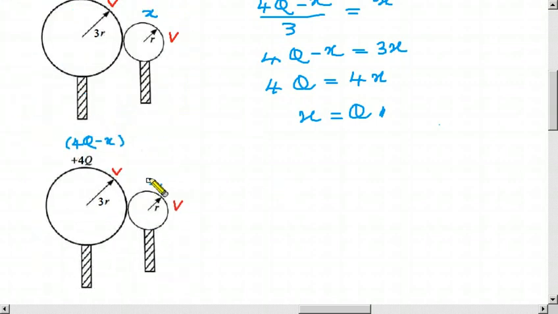So now we know x is equal to q. This one is equal to 4q it had previously, then 4q minus q came to this smaller one, then 3q is remaining here.